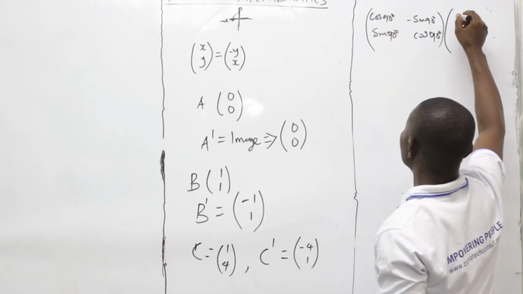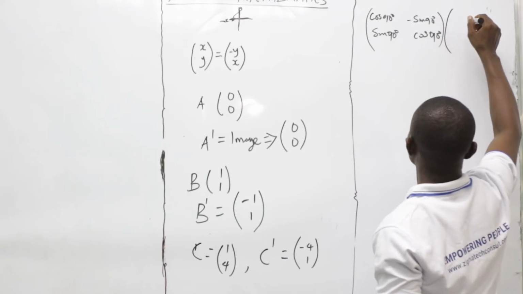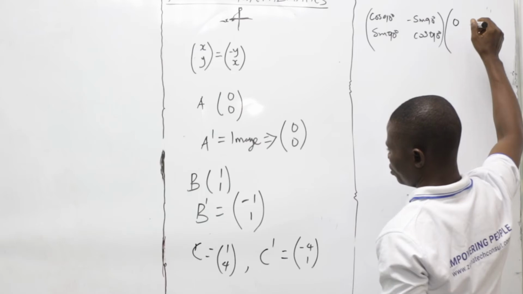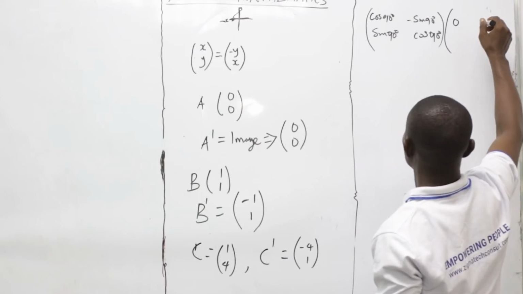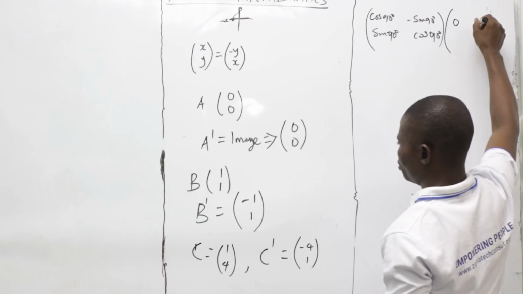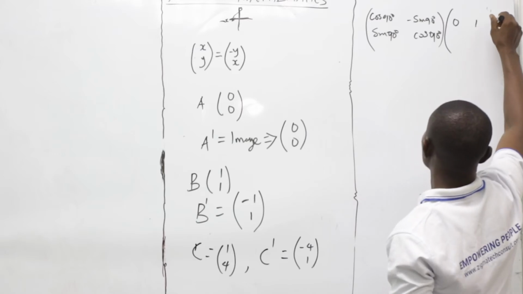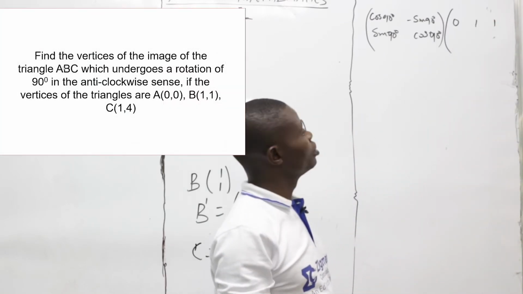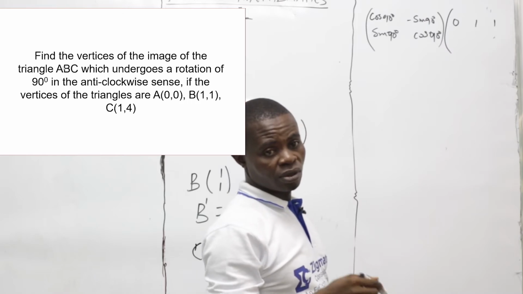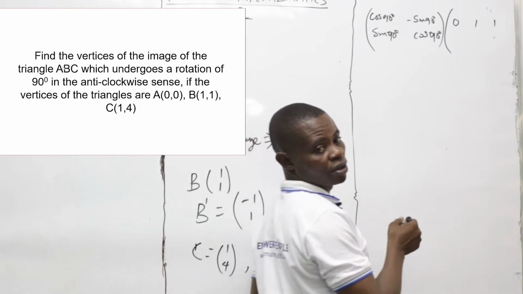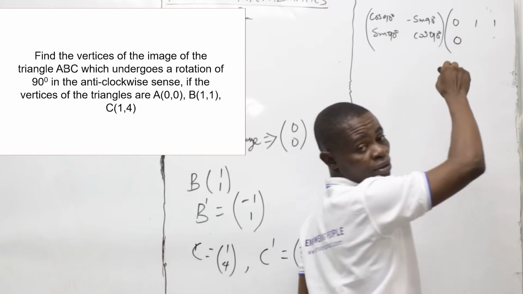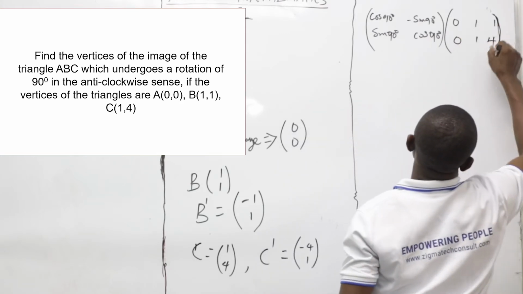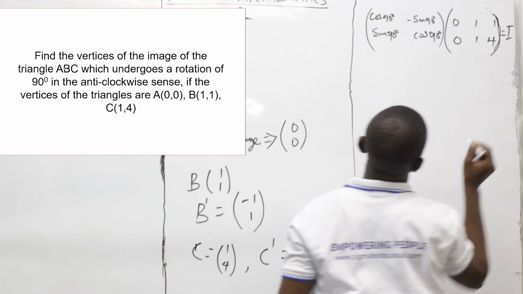We have 0, 0, 1, 1, 0, 1, 4 equals the image.